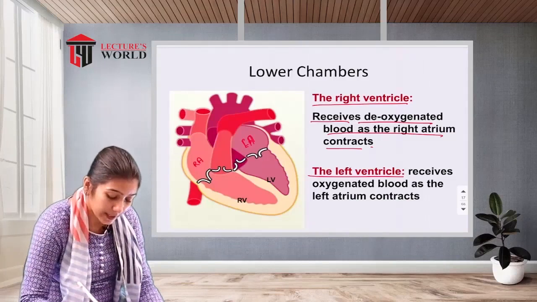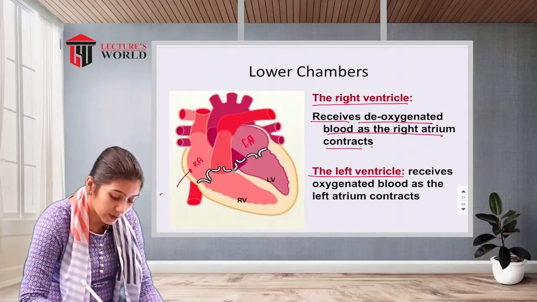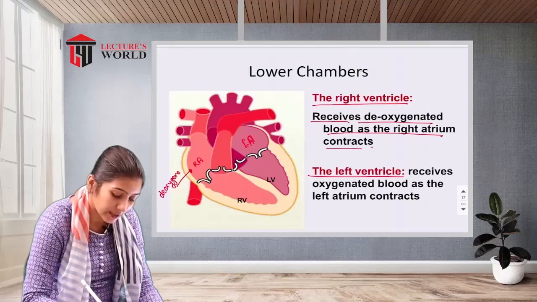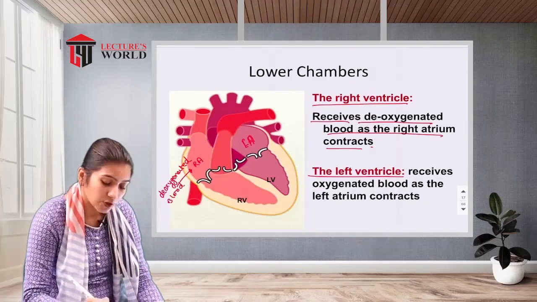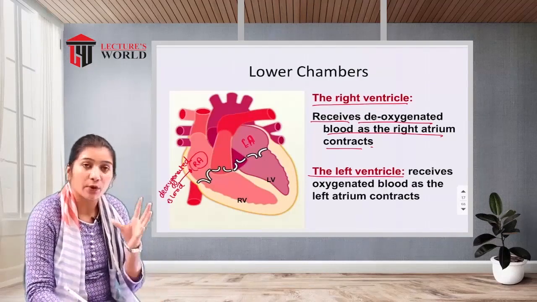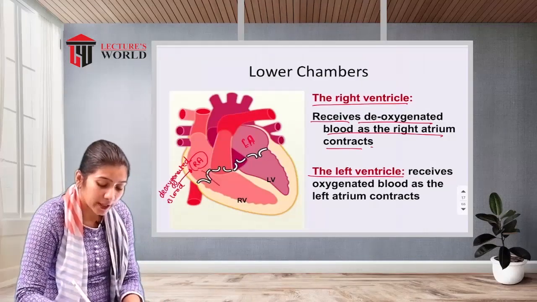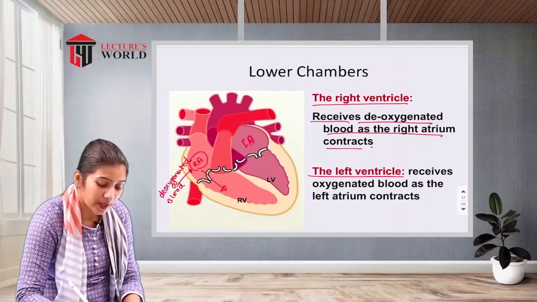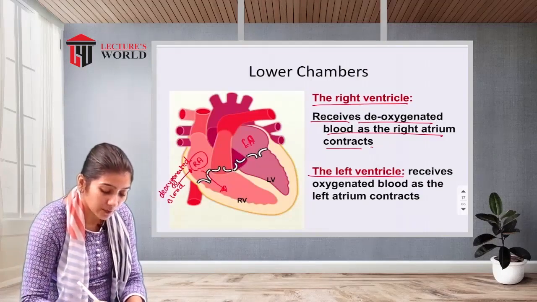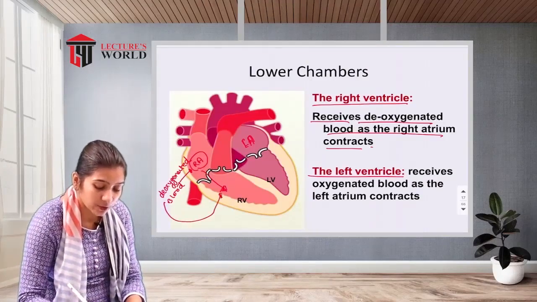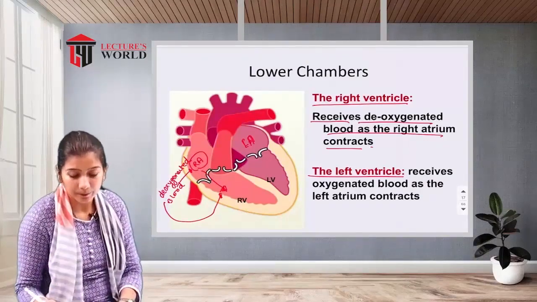In the right atrium there is deoxygenated blood. As the right atrium contracts, the blood goes into the right ventricle. So the deoxygenated blood goes into the right ventricle.